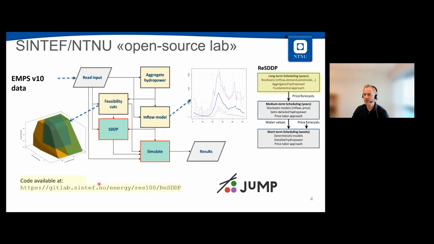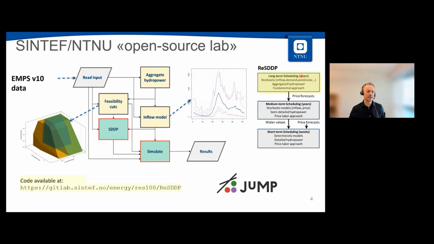And to assess that, SINTEF and NTNU have developed an open source lab. I will not go into details of all of the stuff in this figure, but just to say that this targets the long-term scheduling of the system, stretching for several years, enough time to capture the dynamics of the large-scale resource that we have in the system.